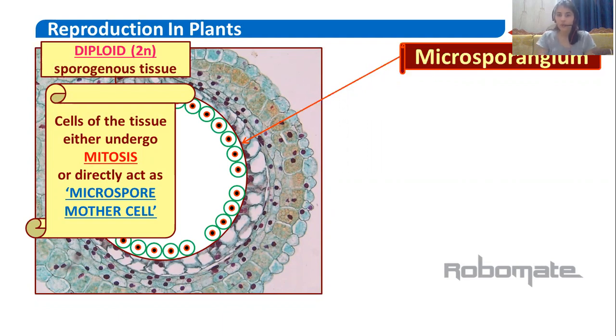So we call it the microspore mother cell. The cells of this sporogenous tissue undergo mitosis and produce layers of cells, and these diploid cells are known as microspore mother cells.